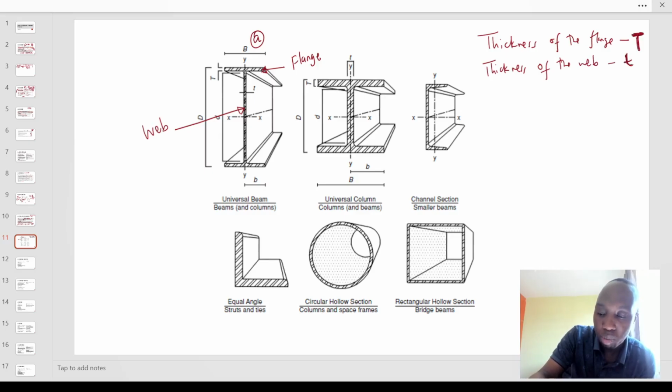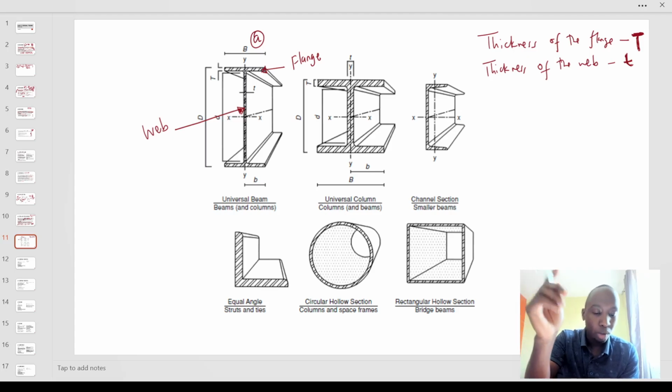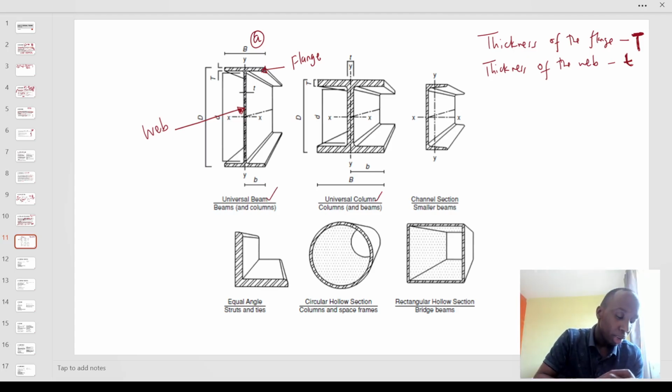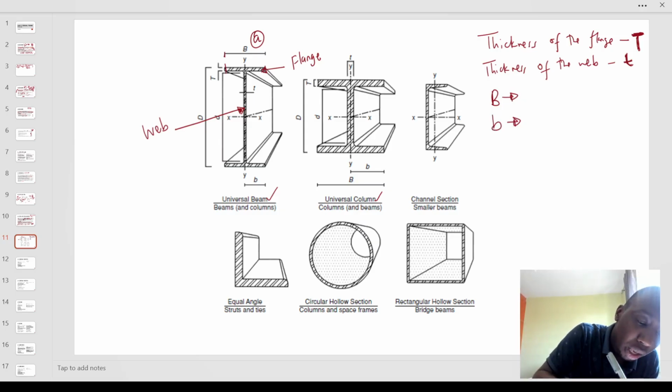These are things we will be using a lot. So we also have other parameters. It's important to know this is the flange and this is the web. So these are the universal beam and universal column. Some of the properties we want to see: we have B. Total from here to here is B. Half of it is b, and realize it's center to center, so it cuts within that axis.